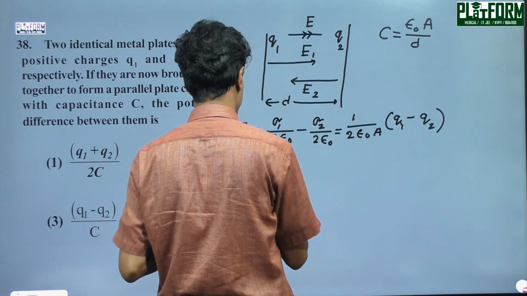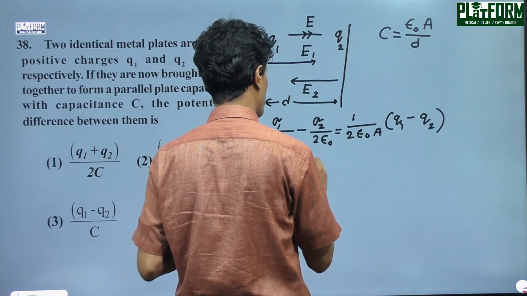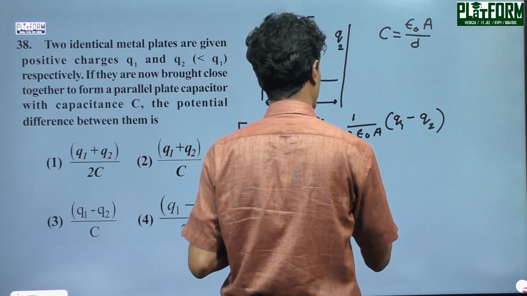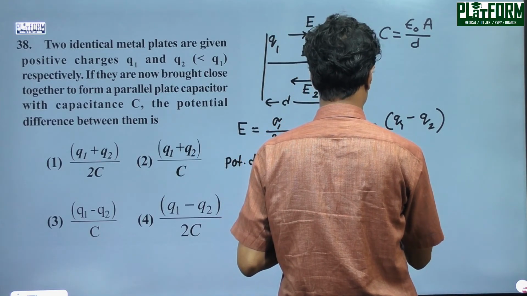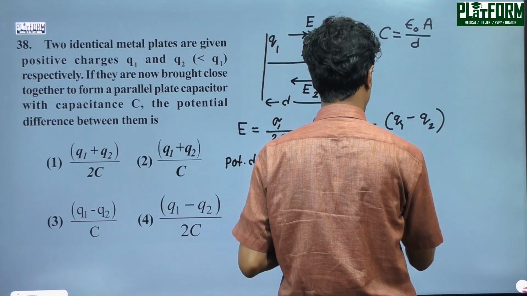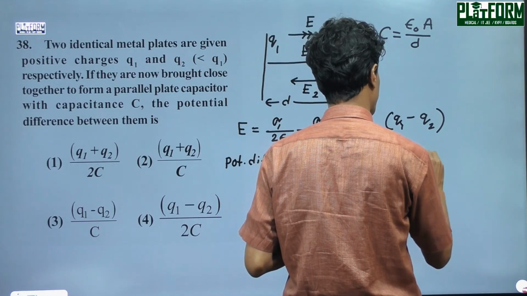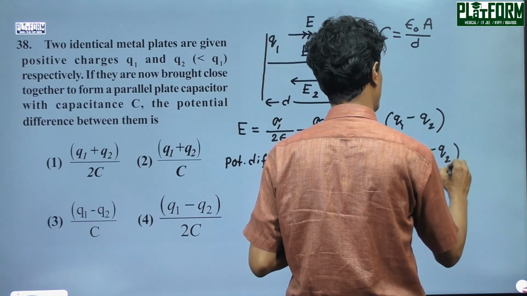Potential difference V is equal to E into D. Therefore, we can write D by 2 epsilon 0 A into Q1 minus Q2.